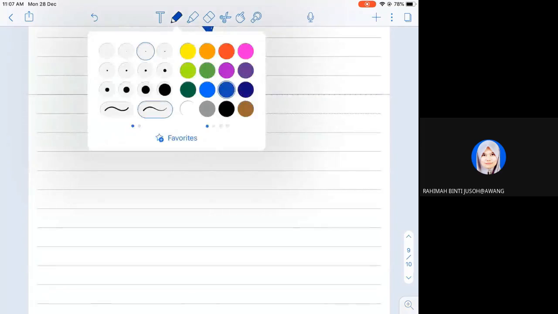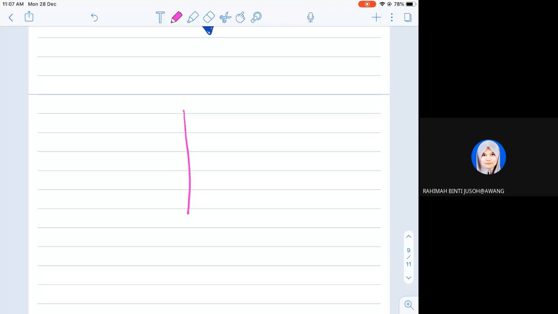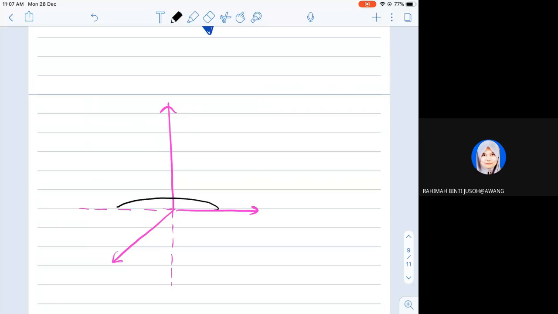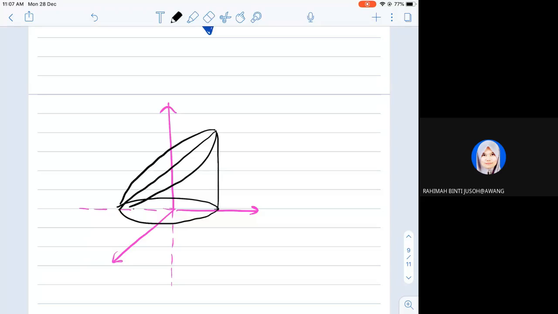So I will sketch this. Okay. Dia akan jadi macam ni. Dia dah potong silinder tu.